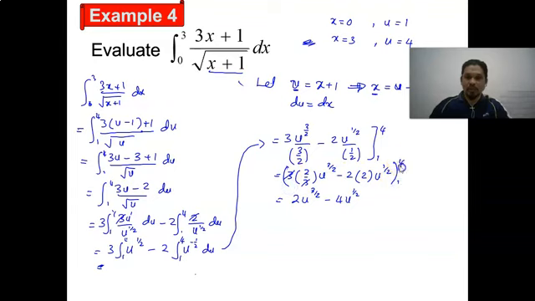So it's time for us now to substitute the values of u with 1 and 4 here.